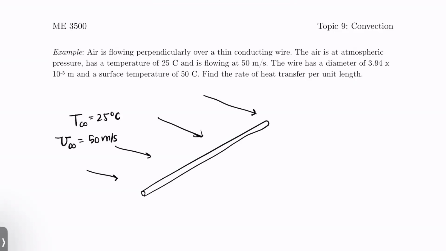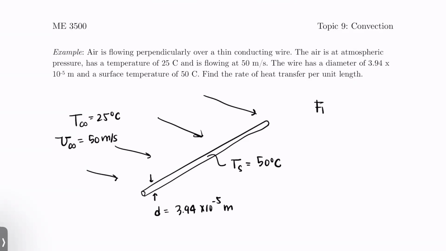The wire has a diameter of 3.94 times 10 to the minus 5 meters. So it's a pretty thin wire, and has a surface temperature of 50 degrees C. We want to find the rate of heat transfer per unit length.